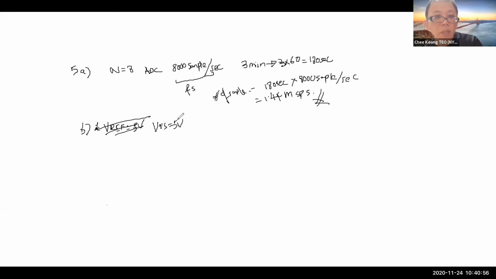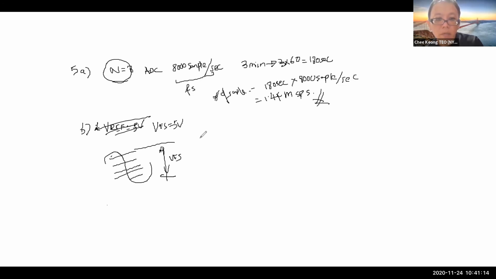So this is an 8-bit ADC, V full scale is 5 volts. So what is your VLSB? Remember, your VLSB is actually what? V full scale divided by the number of intervals, right? What's the number of intervals? The number of intervals is 2 to the power of n minus 1, right?